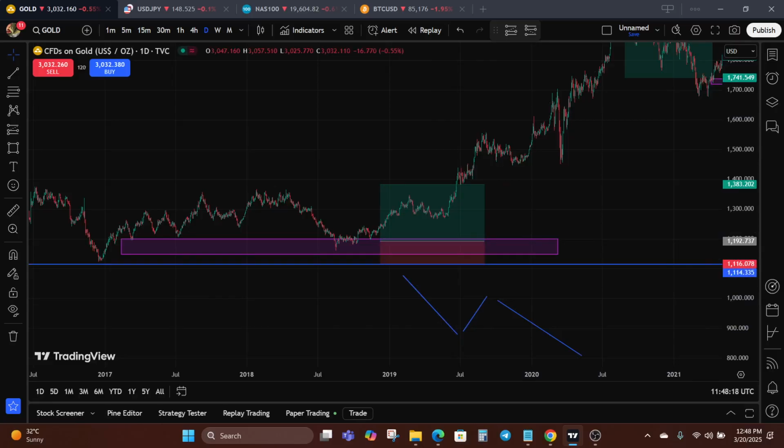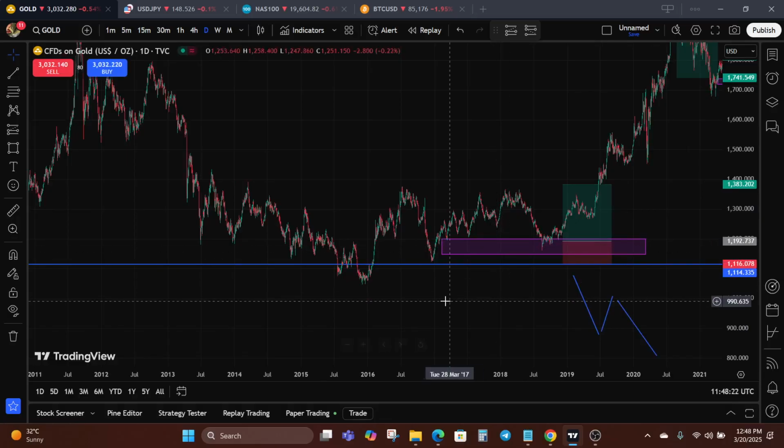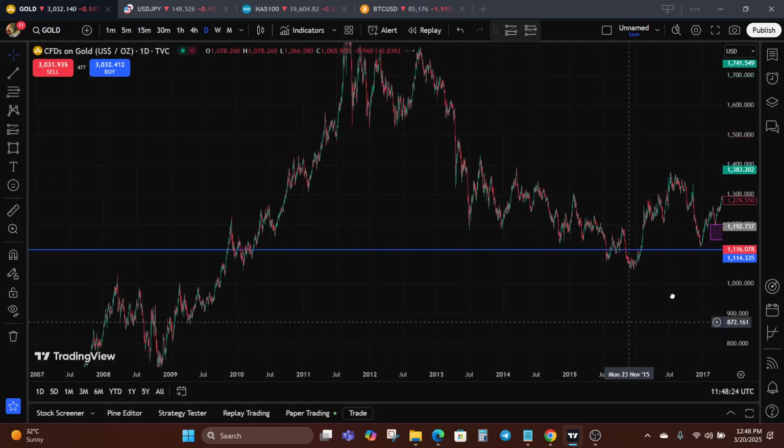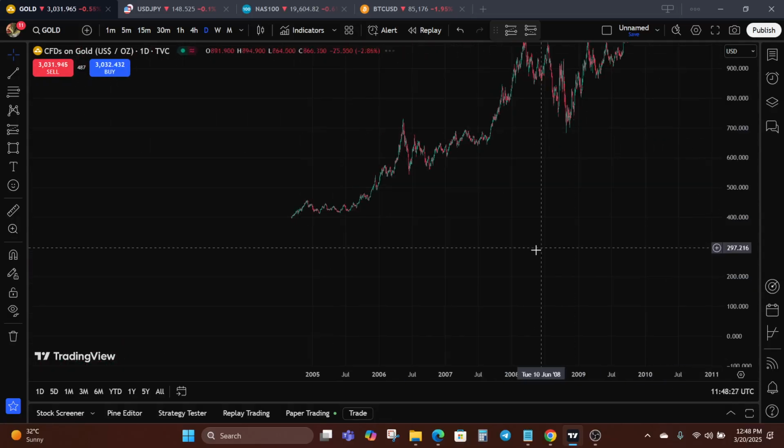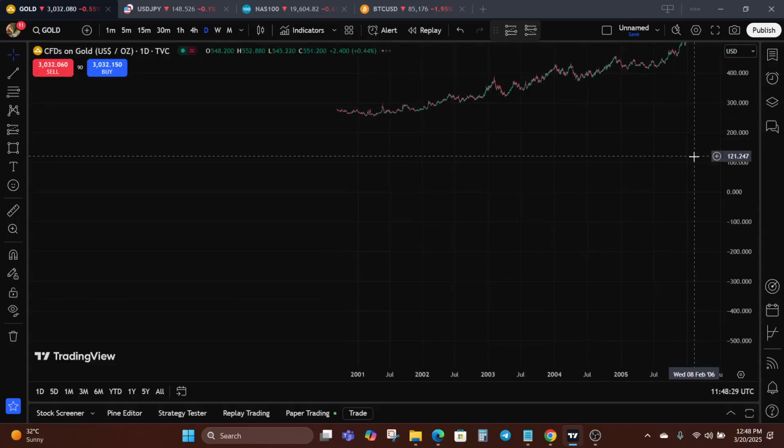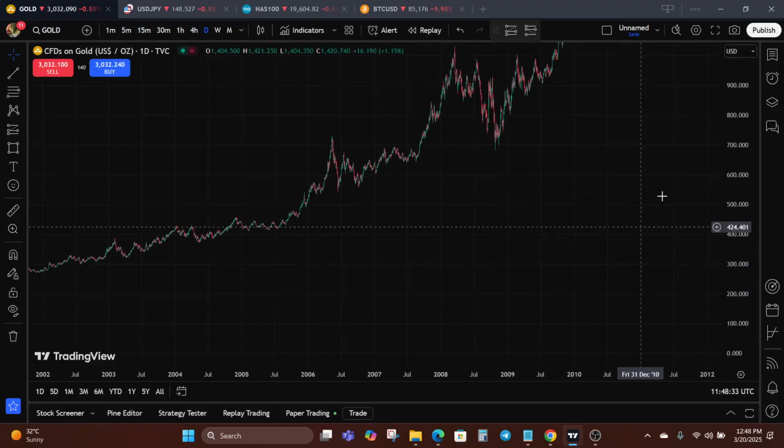Have you ever noticed how oftentimes price will break through these levels only to reverse?